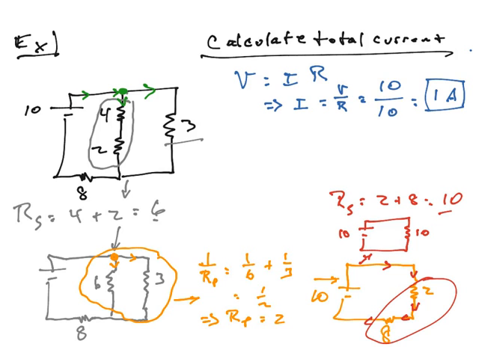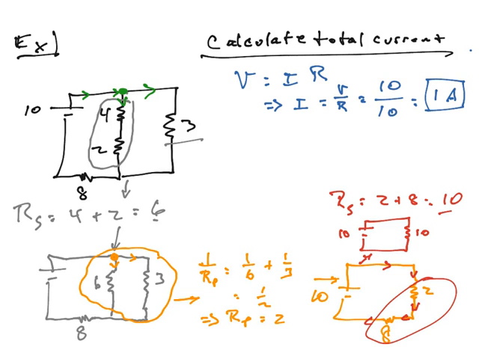This is definitely series, or this is definitely parallel. For this, I know that 3 is parallel to something, but I can't tell you what that something is yet. I know the 8 will eventually be in series with something, but I don't know what that is yet. However, the 4 and 2, they're in series and there's nothing in their way. So combine the 4 and 2 in series first.